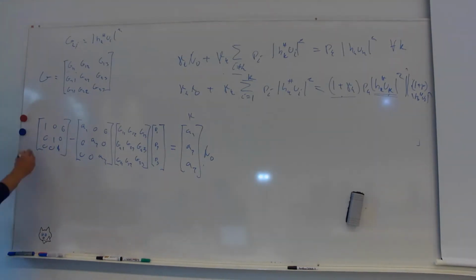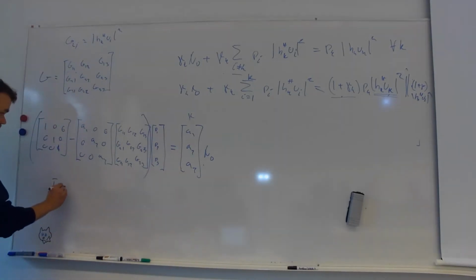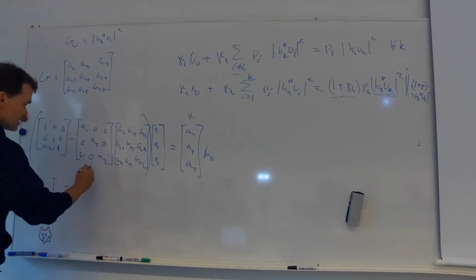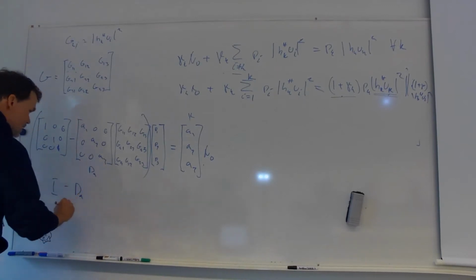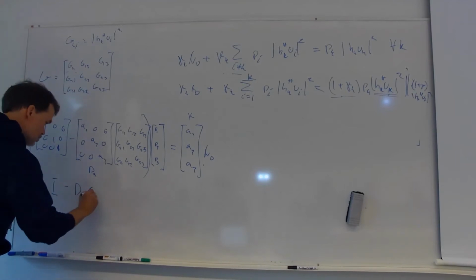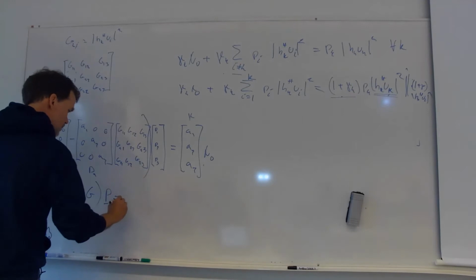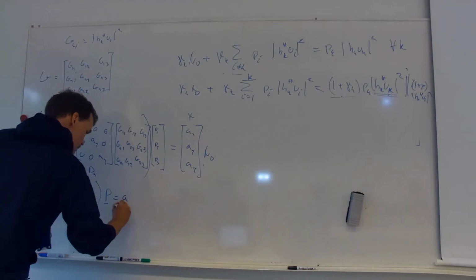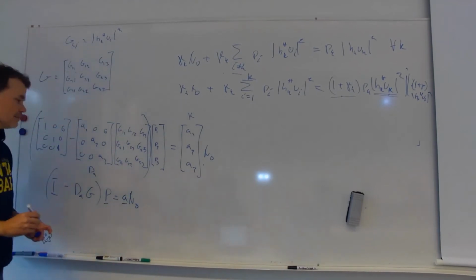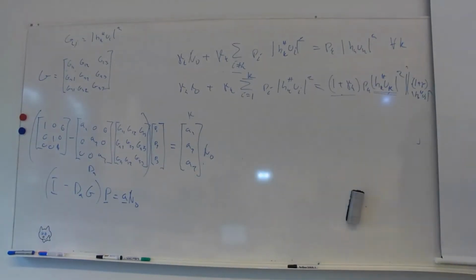So this is the same as I minus, now we can call this a diagonal matrix of A's, right? A times G times the P vector equals N. So in this formula we have now gathered all these K equations.